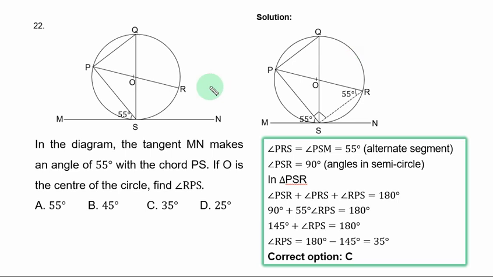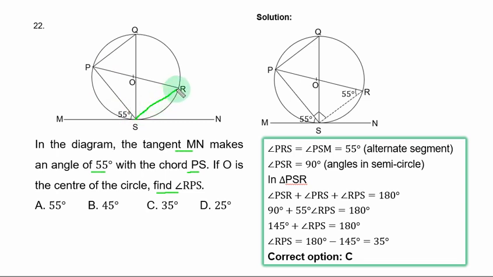Question 22. In the diagram, the tangent MN makes an angle of 55 degrees with the chord PS. If O is the center of the circle, find angle ORPS. So let us join these together for us to form a triangle.